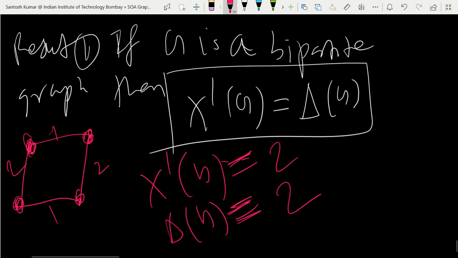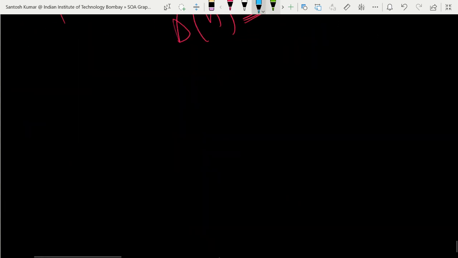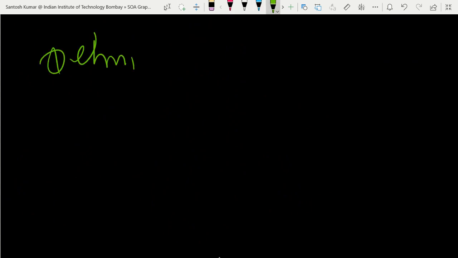So now let's define one factorable graph.